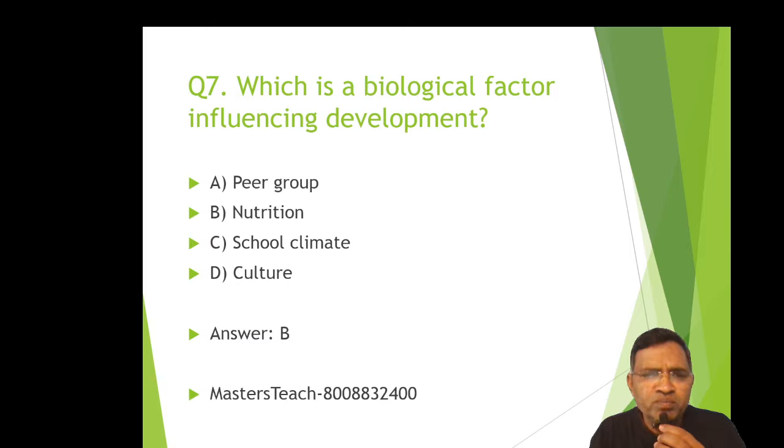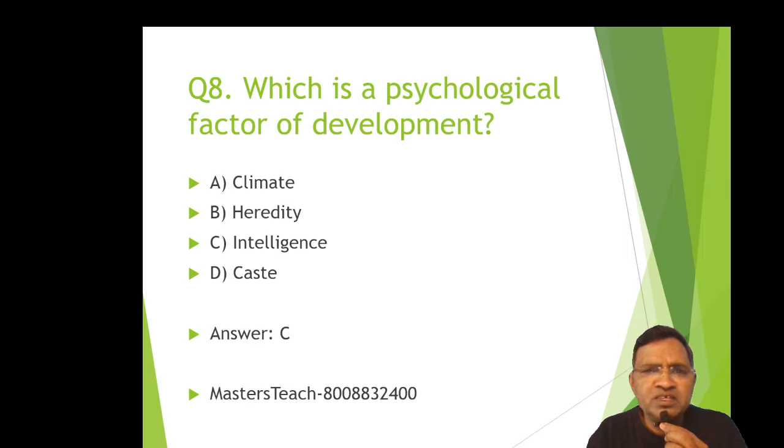A, peer group, B, nutrition, C, school climate, D, culture. The answer is nutrition, B. Which is a psychological factor of development? A, climate, B, heredity, C, intelligence, D, caste. The answer is C, intelligence.